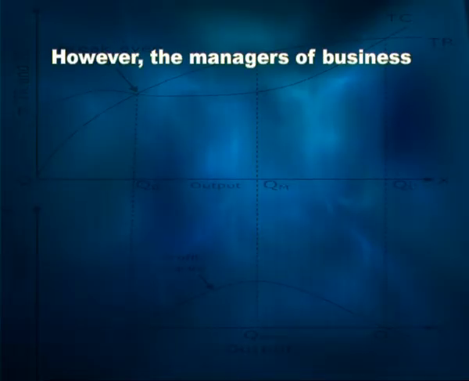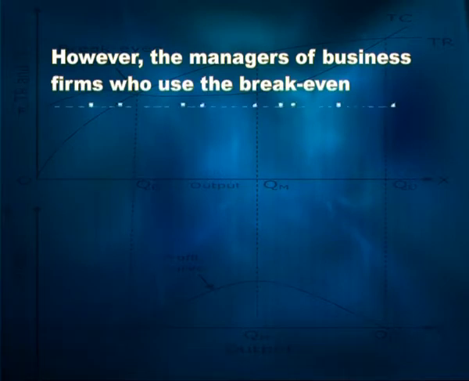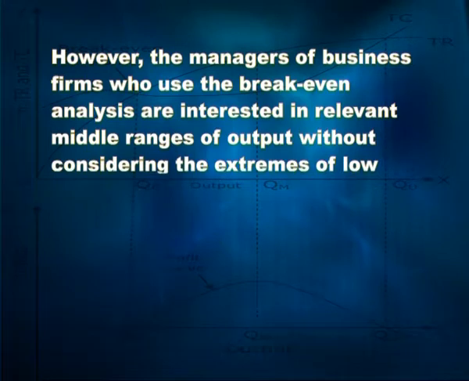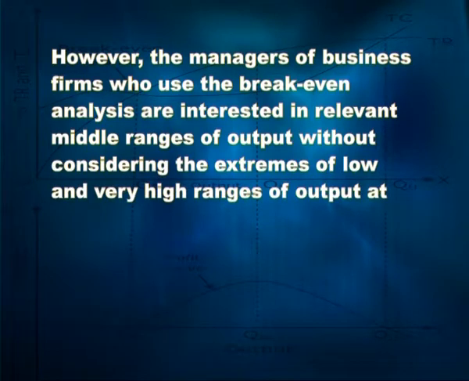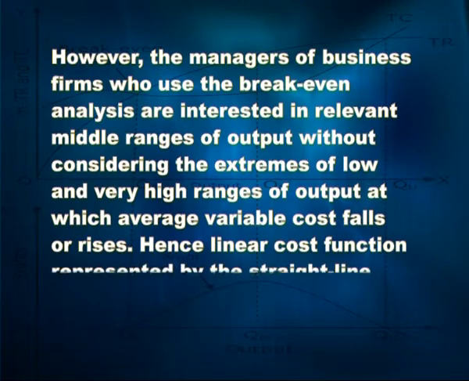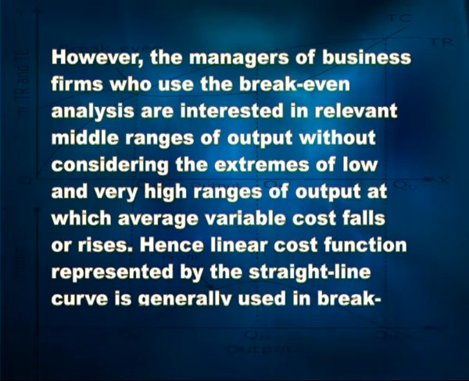However, the managers of business firms who use the break-even analysis are interested in relevant middle ranges of output without considering the extremes of low and very high ranges of output at which average variable cost falls or rises. Hence, linear cost function represented by the straight line curve is generally used in break-even analysis.